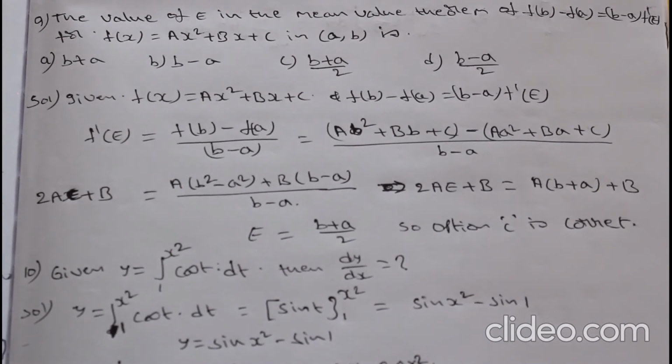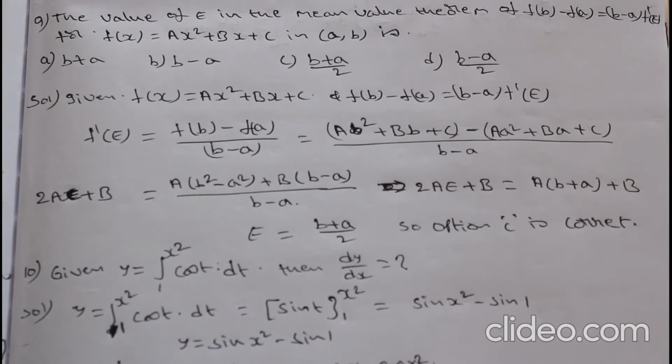But if it is not given, in the previous video I told you how to identify which mean value theorem we have to apply. If two functions are given, f of x and g of x, then we have to apply Cauchy's mean value theorem. If g of x is not given and only one function is given, we have to apply either Rolle's theorem or Lagrange's theorem. Rolle's theorem is applicable only if f of a is equal to f of b.